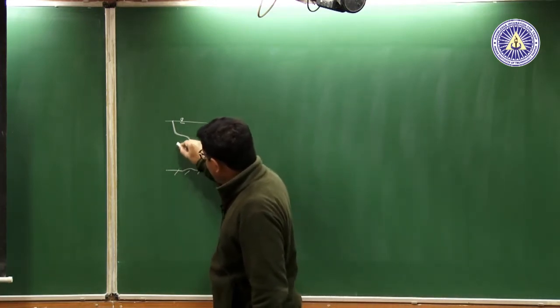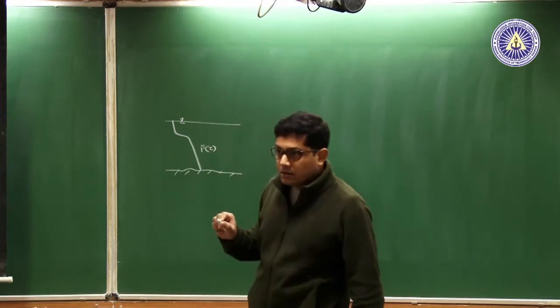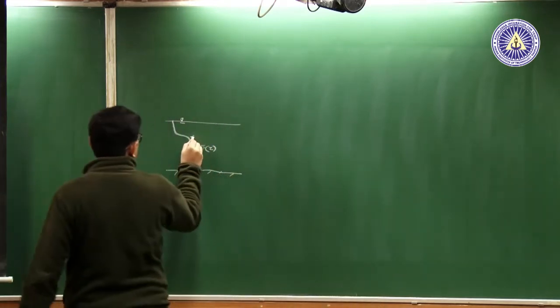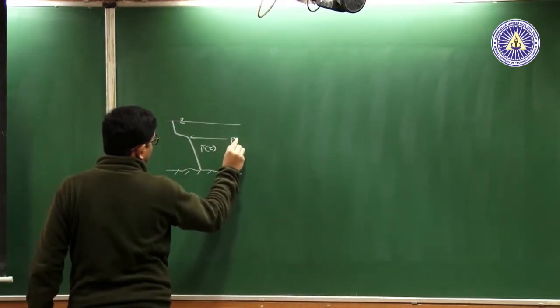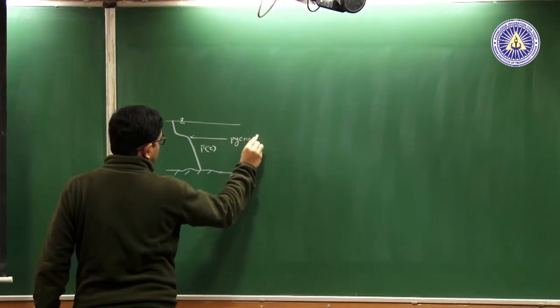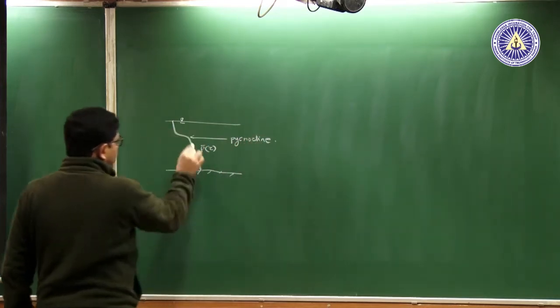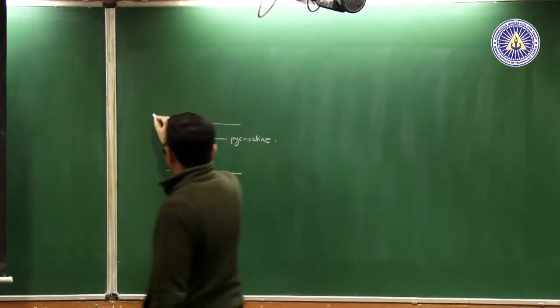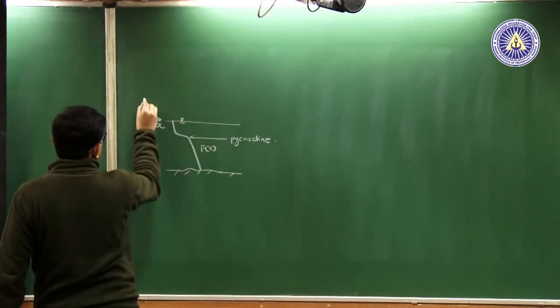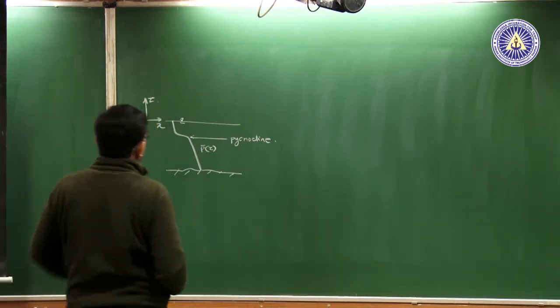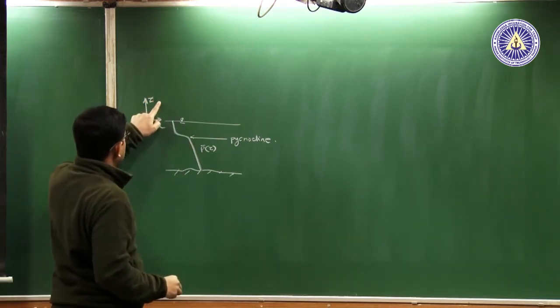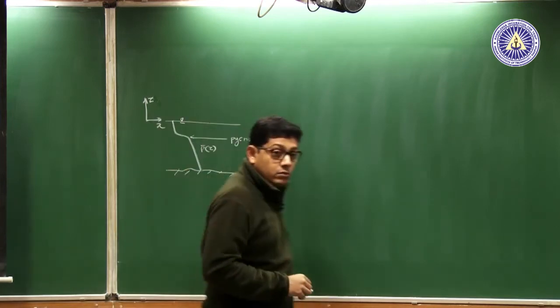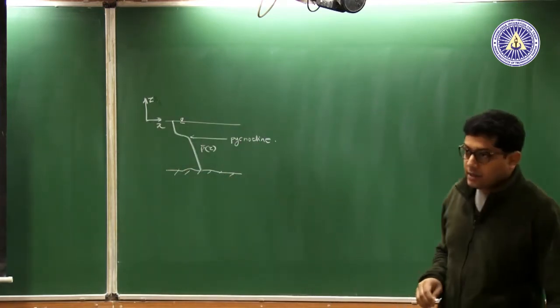There is a region where the density changes sharply. This region is called the pycnocline. It's a good name to know. As you go down, the density keeps on increasing.